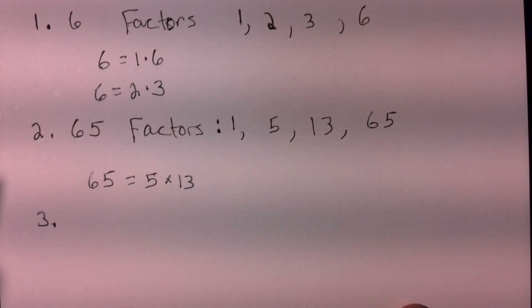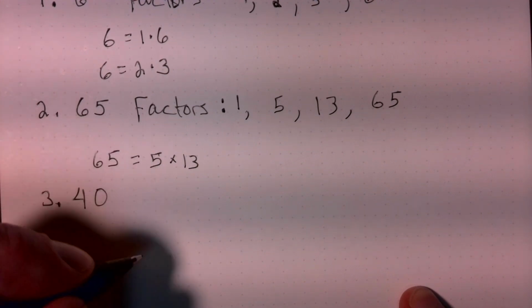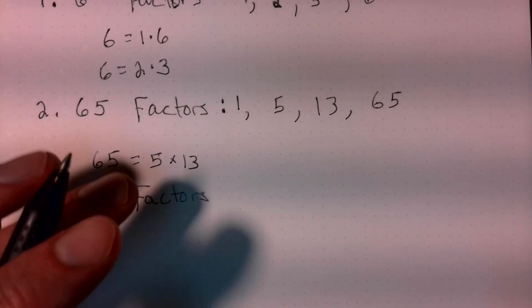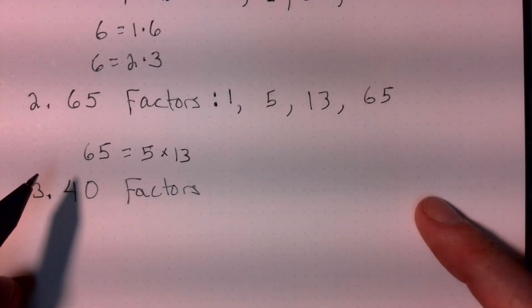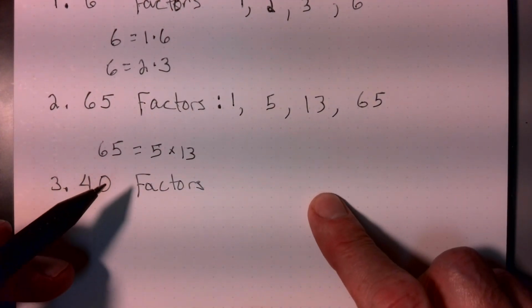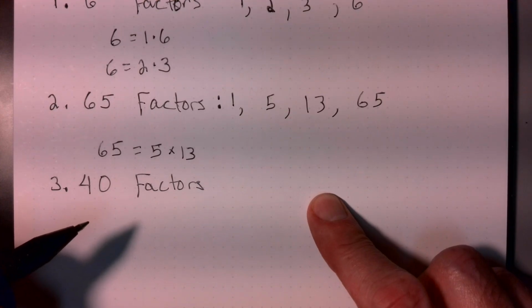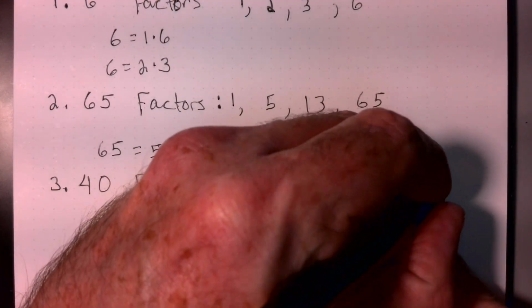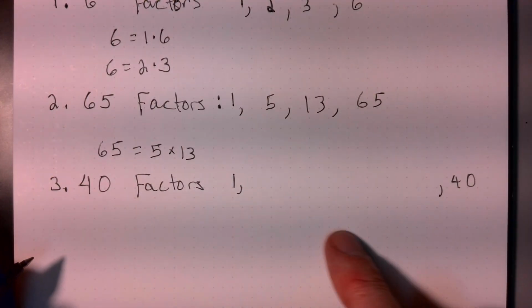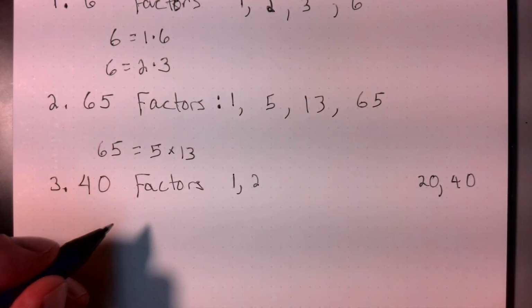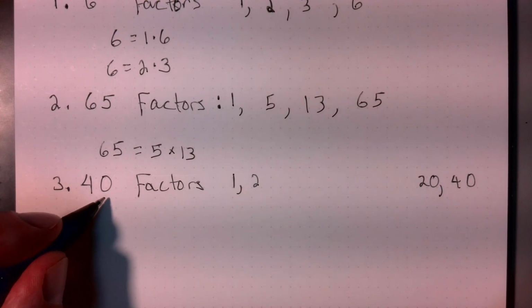Let me do one that has more factors. Let's say I was given the number 40. Okay, and I want to list out all the factors of 40 from least to greatest. Well, same thing. I'm going to start with 1. I always start with 1. 1 and 40. Now I'm hoping I've left myself enough room here. There's a lot of things that go into 40. 2 and 20. Anything that ends in an even digit is divisible by 2.